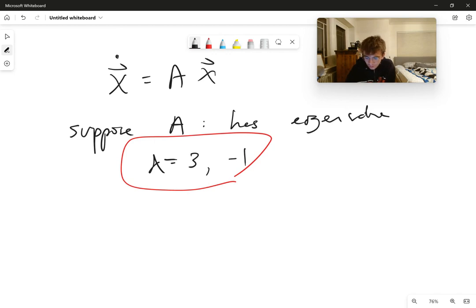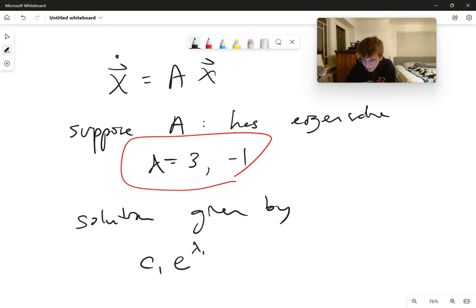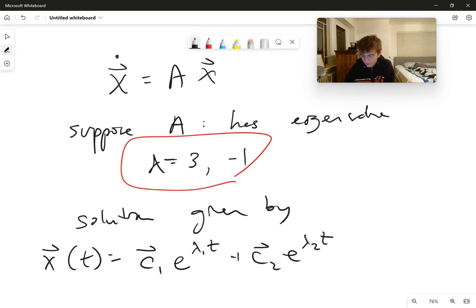So the solution is given by x(t) = c1 e^(lambda 1 t) plus c2 e^(lambda 2 t).